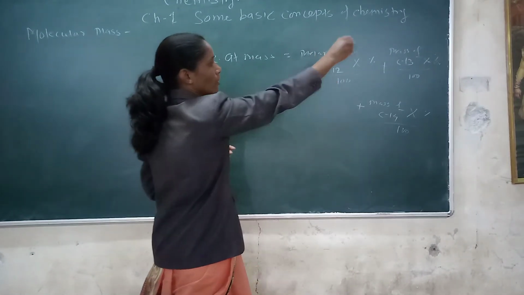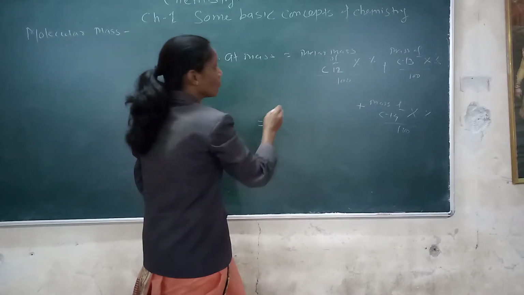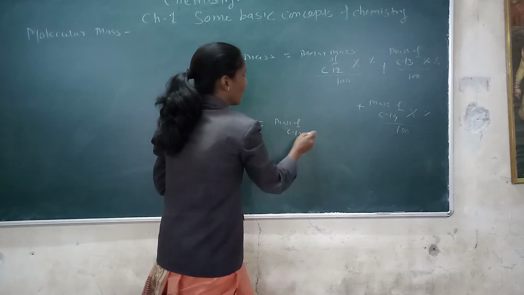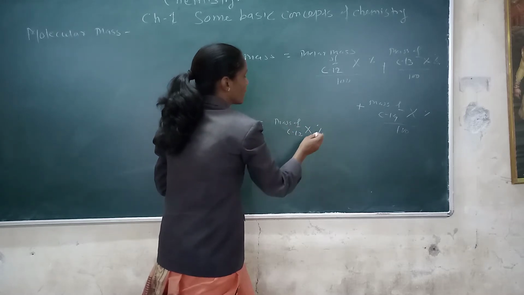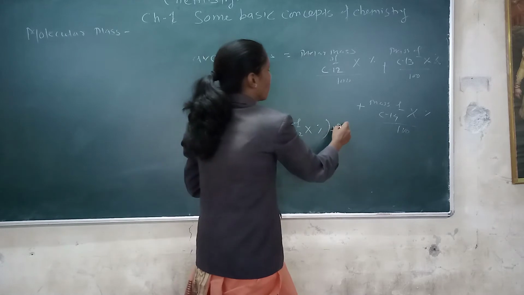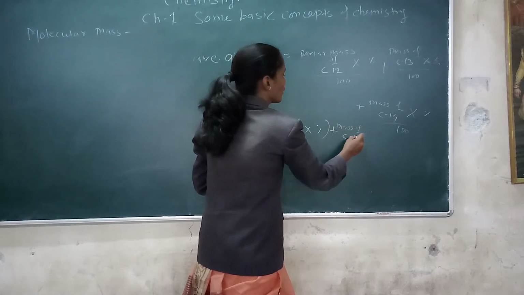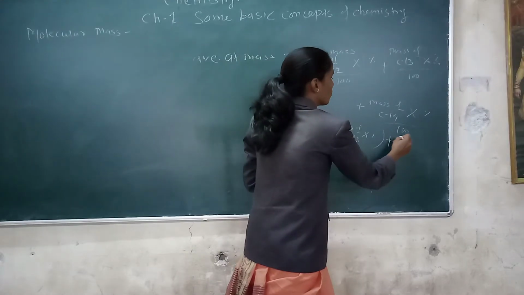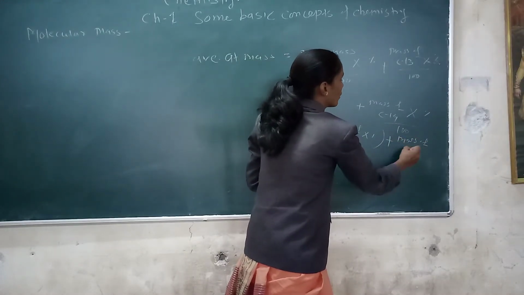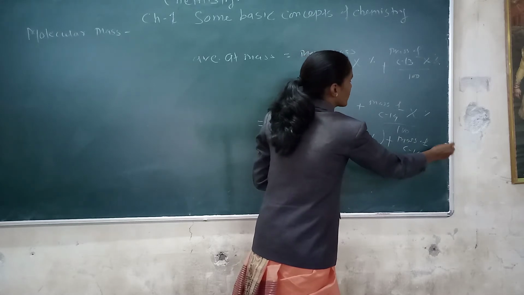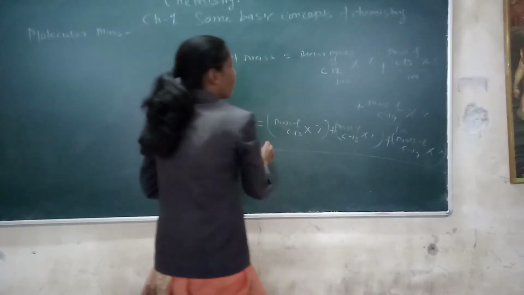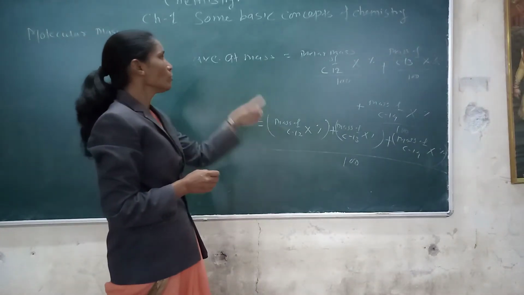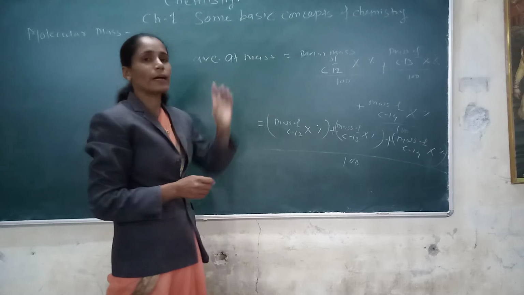On simplification, this formula converts into mass of carbon 12 into its percentage plus mass of carbon 13 into its percentage plus mass of carbon 14 into its percentage, divided by 100. This is the formula to calculate the average atomic mass of isotopes.